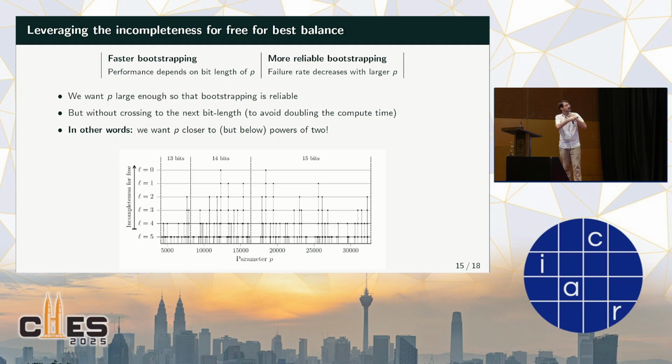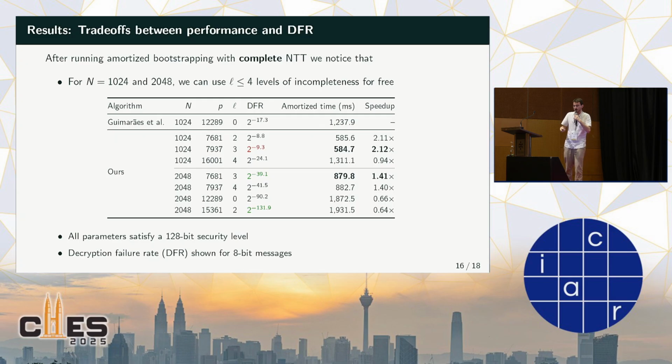But with the incomplete entity for free, we can use this value here with almost the same complexity, but with a much better DFR. And it gets even better when we consider 15-bit primes, where you are bound to use this value, which is very far from this one. So this flexibility allows us to get much better results both in performance and in reliability.